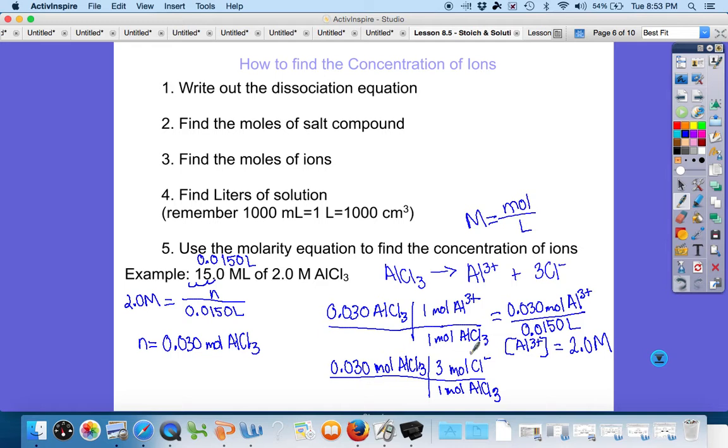So 0.03 times 3 is going to give us 0.090 moles of our chlorine ions.